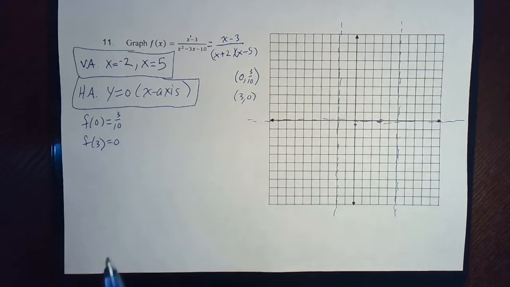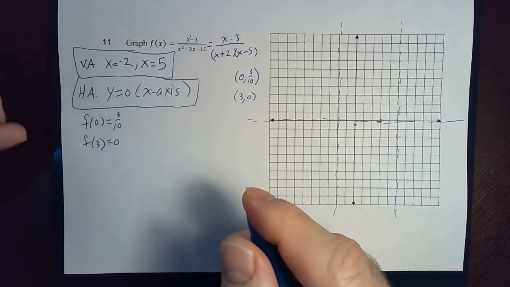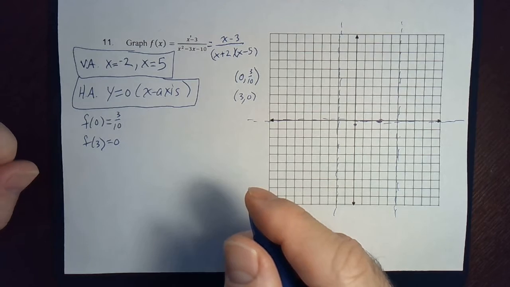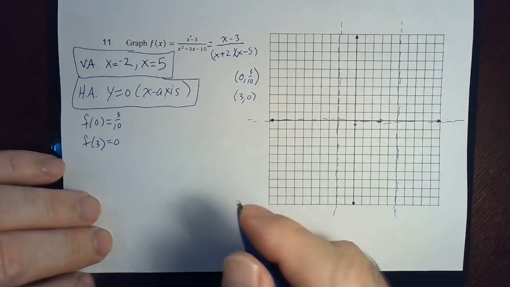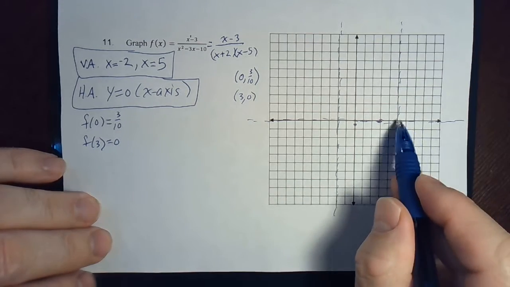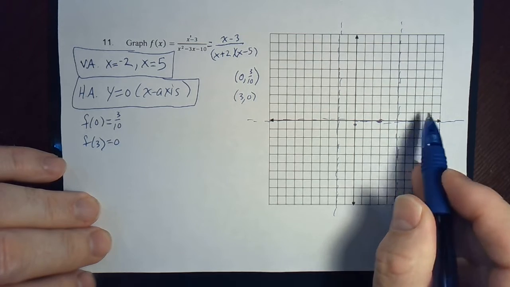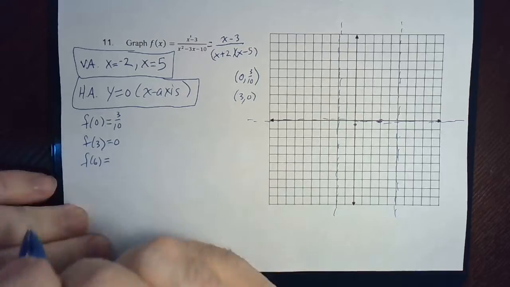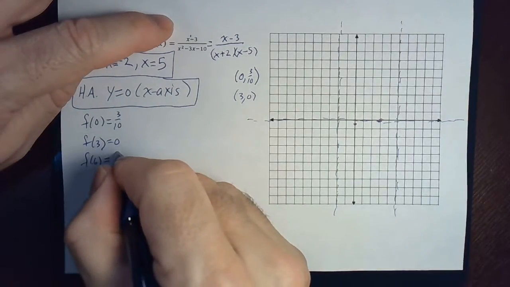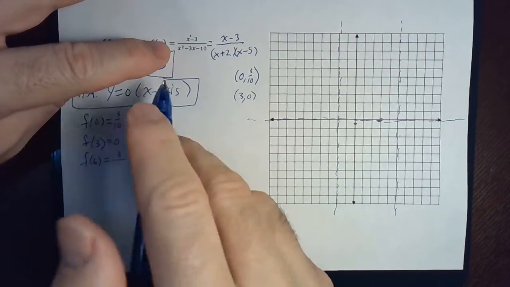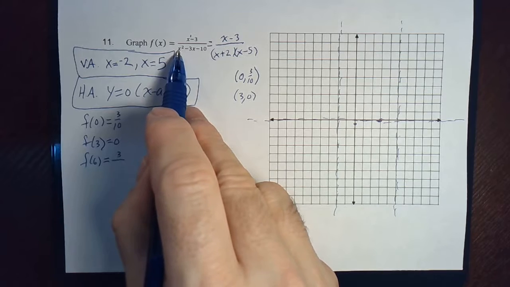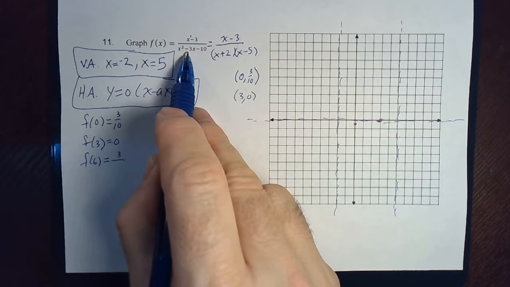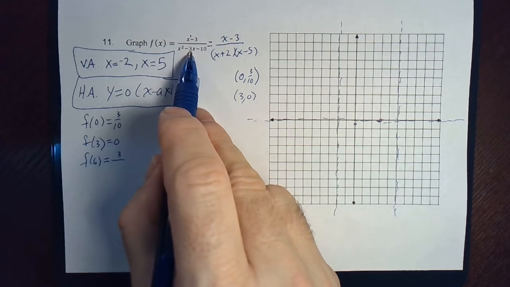All right, let's move on to maybe a number like 6. Maybe I'll do 6 to get on the other side of this, and then 10. F of 6 will be 6 minus 3, which is 3, over 6 squared, which is 36, minus 18, minus 10.